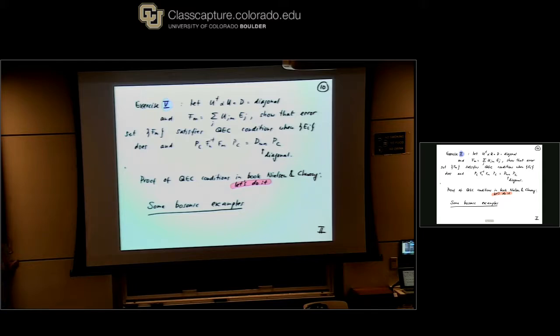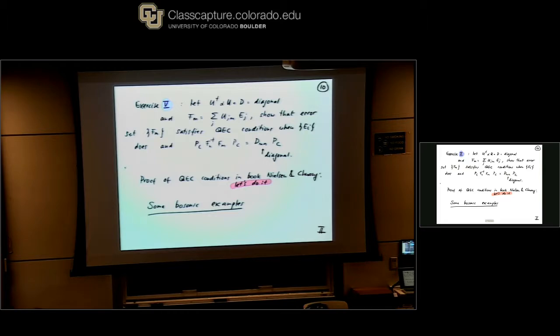That's of course relevant, because we don't just have X, Y, or Z errors, we have linear combinations of them. But what you could do is take a unitary linear combination. So I define some F_m, which is a unitary combination of these E_j. And this unitary is chosen such that it diagonalizes the matrix alpha, which I defined on the previous slide. So this is a diagonal thing.